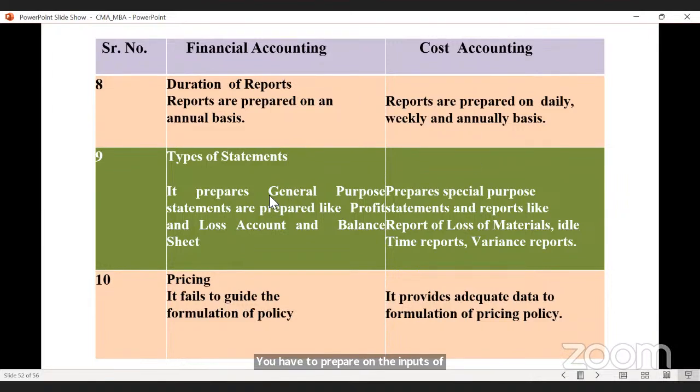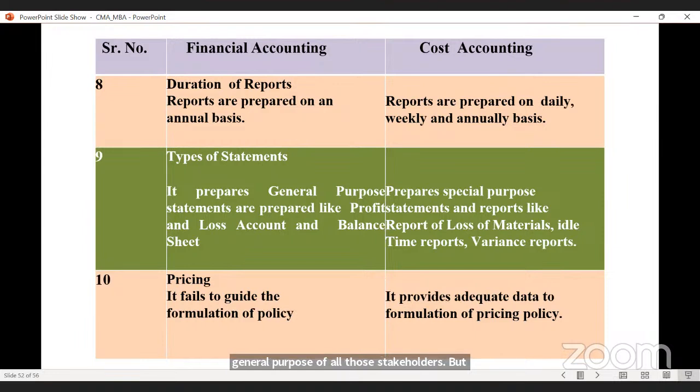Okay. So types of statement. Whenever we are talking about types of statement, financial accounting prepares general purpose statements like profit and loss account, balance sheet, cash flow statement. So these statements are prepared in order to meet the general purpose of all the stakeholders.